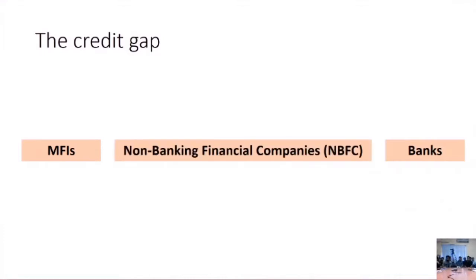But we have non-banking financial companies, NBFCs. They provide targeted services, rather like MFIs typically, but they can lend higher amounts. There's been a recent change in regulation by the Indian government: big NBFCs are probably regulated as much as banks, but small NBFCs have lighter regulation.